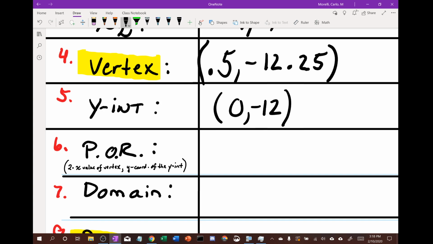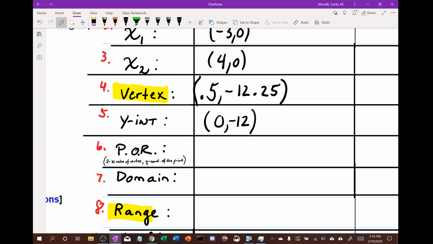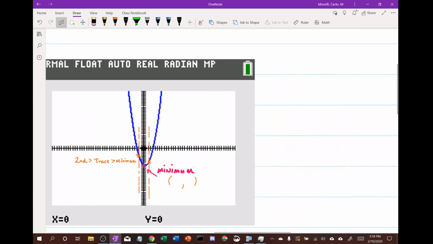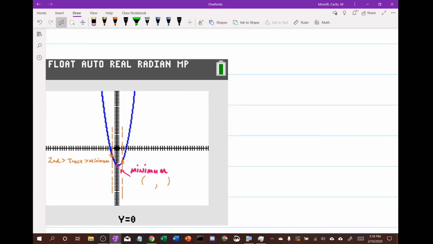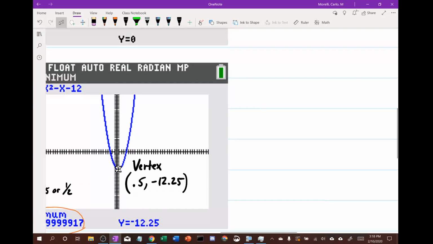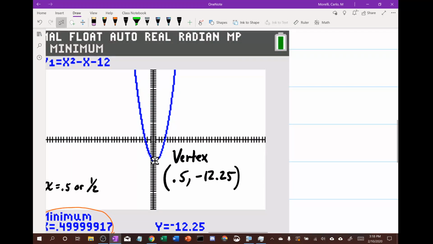Can you bring me your calculator really quickly? Okay, now let's talk about the point of reflection. Let me show you what that point is actually on the curve so that you understand what we're trying to find. Okay, now you need to zoom out.